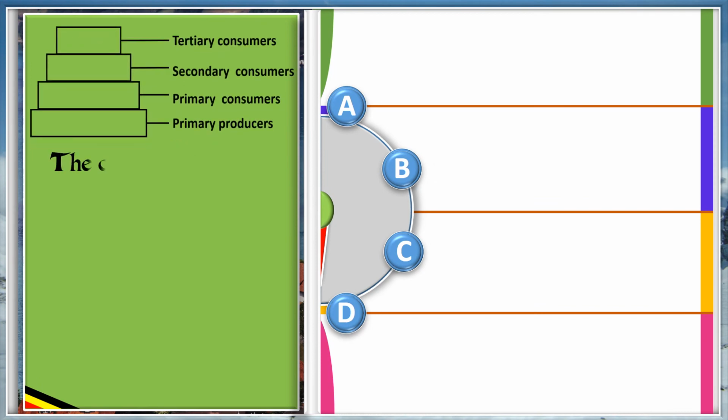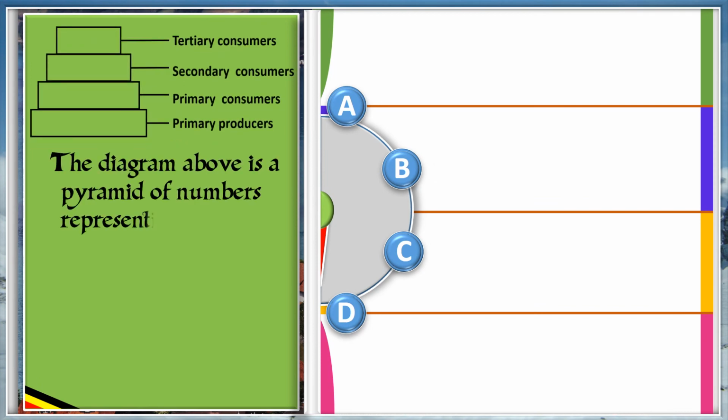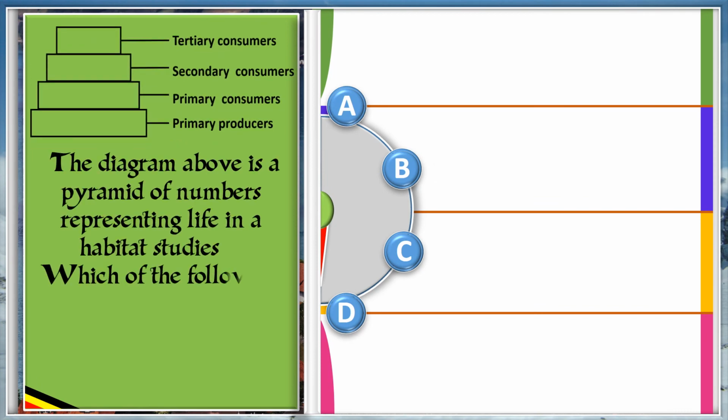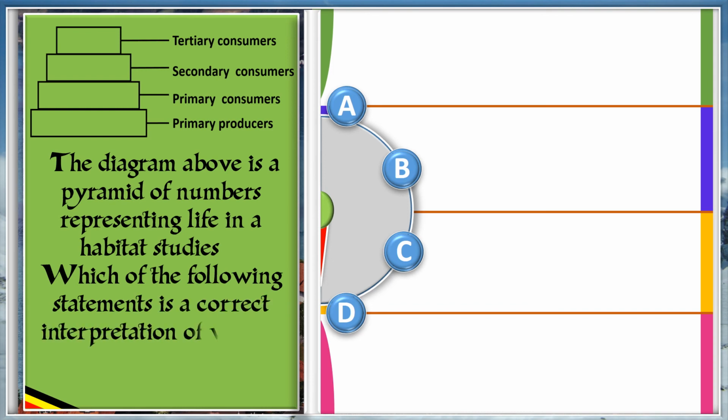The diagram above is a pyramid of numbers representing life in a habitat studied. Which of the following statements is a correct interpretation of what is represented here?